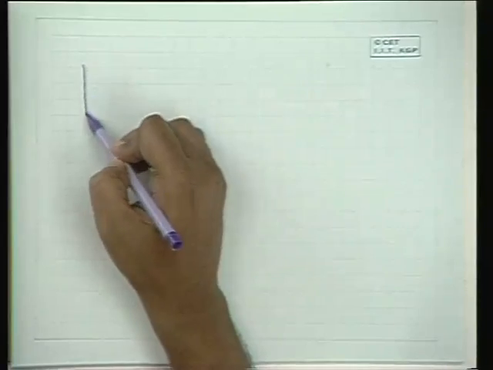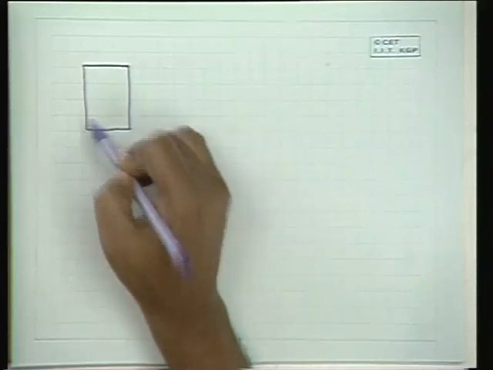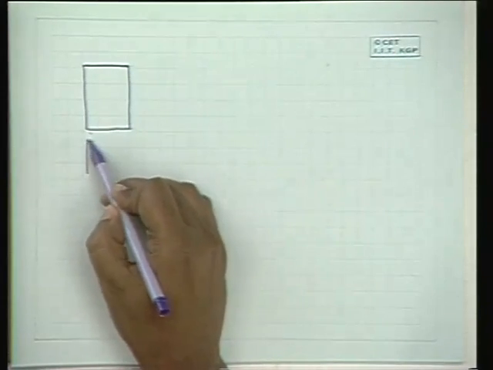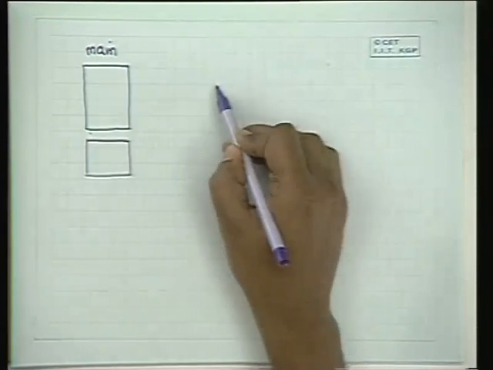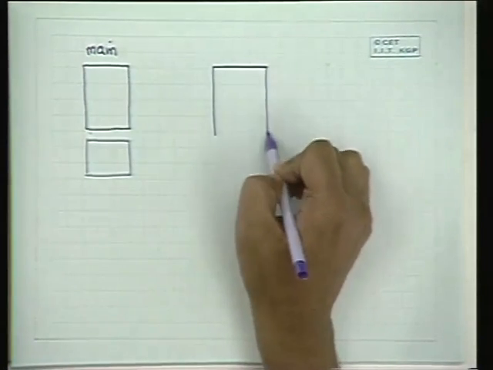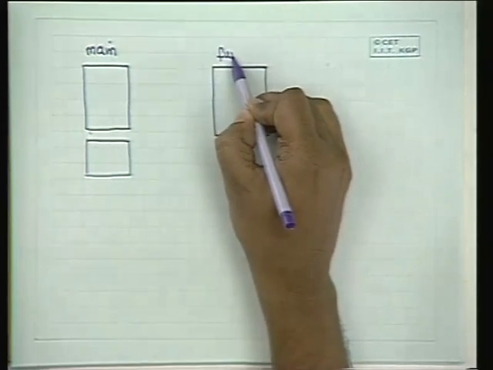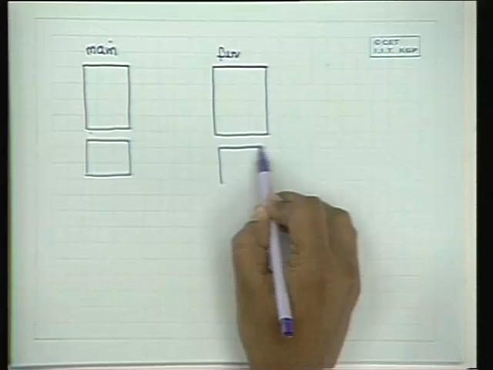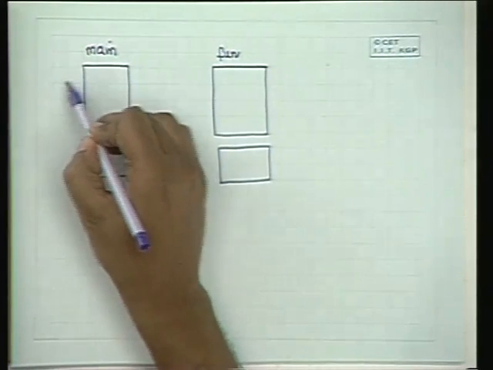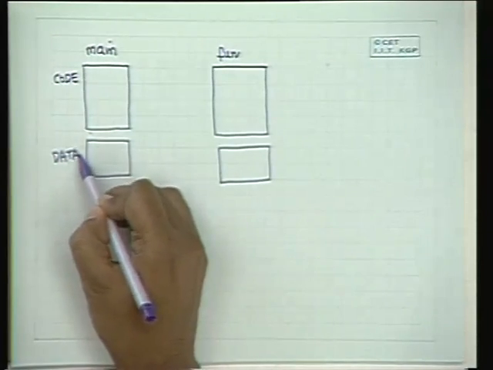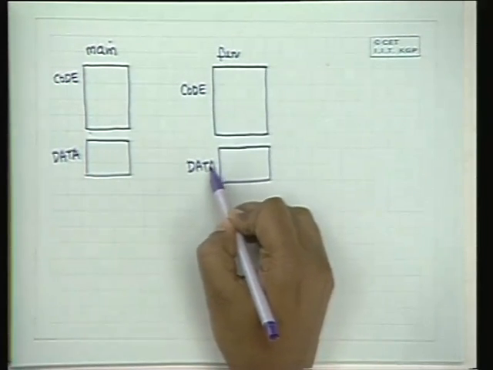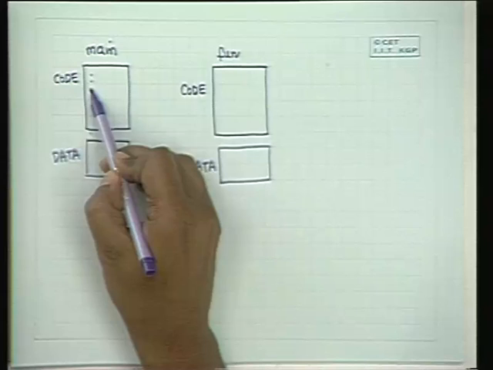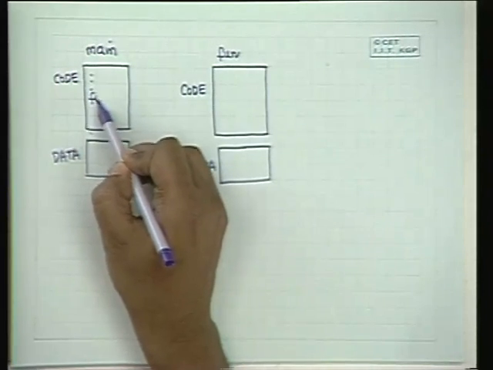So suppose we have a code segment for a main program and a data segment for the main program. So this is main. And for a function fun, let us say, we have a code segment and a data segment. So this is the code, this is the data, this is the code, this is the data. So in the beginning it will start executing from the main program, and maybe here there is a call to fun.